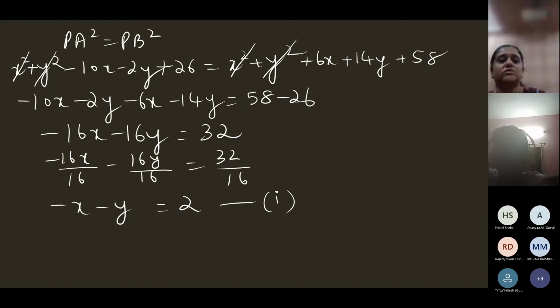So on equating PA square and PB square, we got a linear equation in two variables x and y. Now let's equate PB square and PC square, or PA square and PC square, whatever. Complete this one. You'll get two equations in x and y.